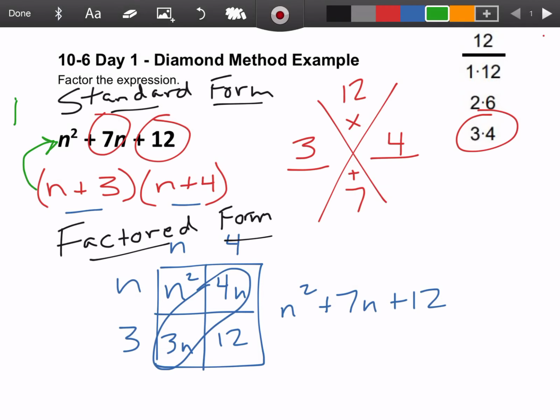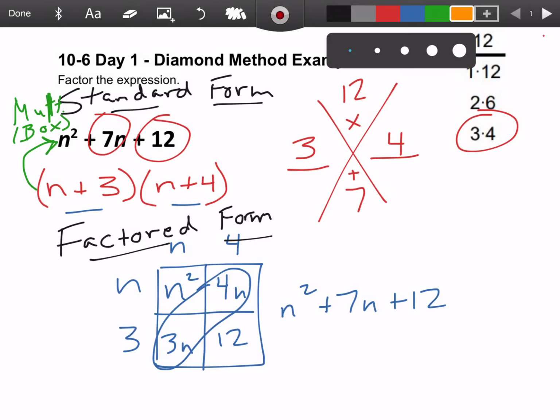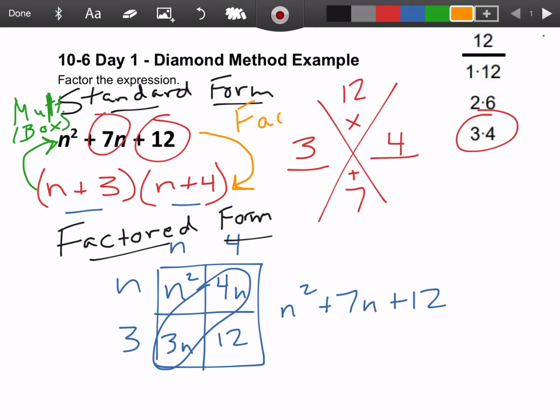We started here and went up this way, and that's called multiplying, and we used the box method shown below to do that. Now we're doing the opposite of that. We're starting here in standard form, going down to factored form, and we call that factoring.